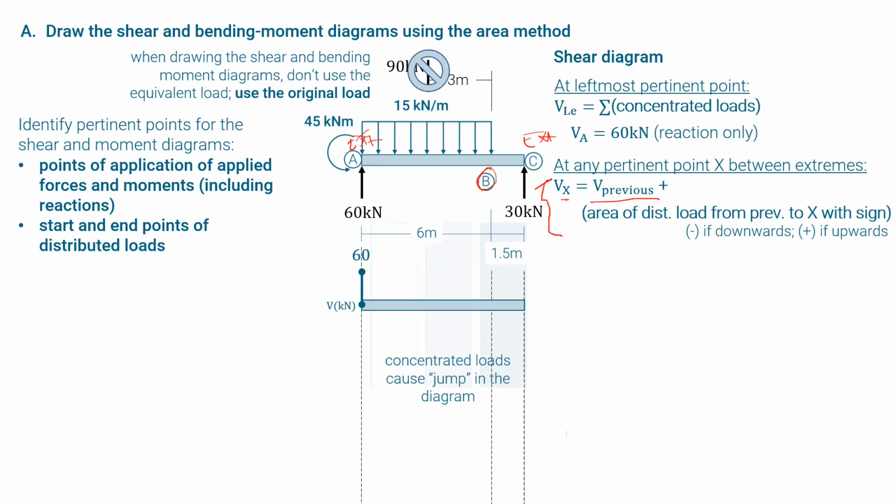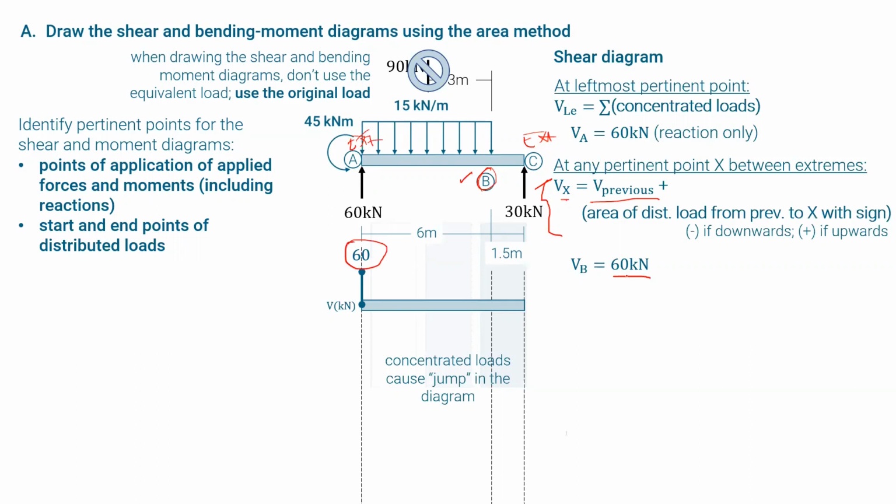Sige, no? Ulitin natin to with the values. So gamitin natin yung problem natin to illustrate how you use this guide. So sabi at any pertinent point X between the extremes. So B is a pertinent point between the extremes. So we call that V sub B, and that should be equal to the previous, which is 60. Okay? Kasi dito tayo nanggaling, no?